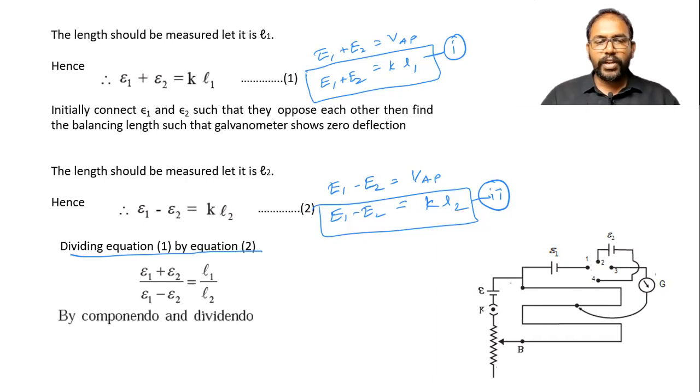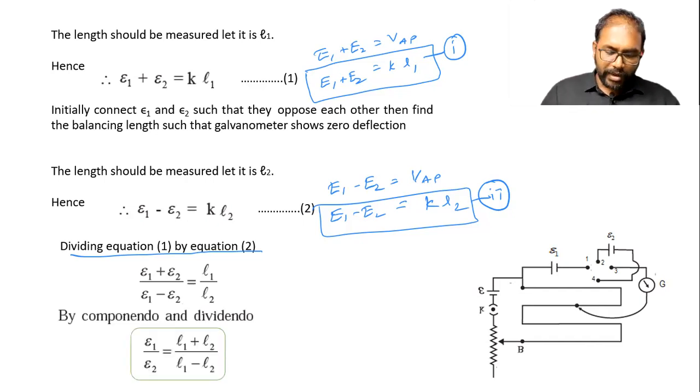By using the componendo and dividendo rule in mathematics, we can write E1 by E2 is equal to L1 plus L2 divided by L1 minus L2. By using this formula, we can compare the EMF of two cells, and the formula is L1 plus L2 divided by L1 minus L2.